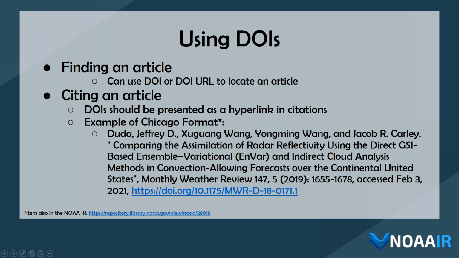Then we take that DOI link and do what we call flipping. We flip that link to the IR link, which is the PURL link. So essentially your DOI is pointing to your PURL in the case of NOAA IR items. Does that make a little more sense, Katie? It does. It helps clarify.